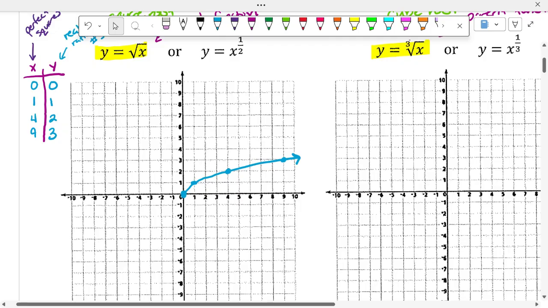Now, look at the shape of the graph. What does it kind of look like to you? Kind of. But what does it remind you of? Maybe it's oriented differently and maybe there's some pieces missing.